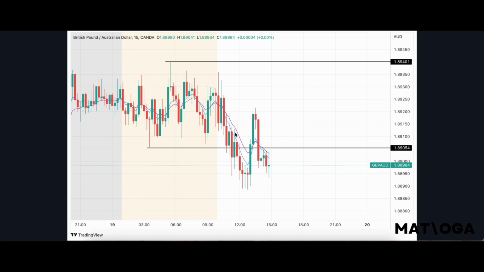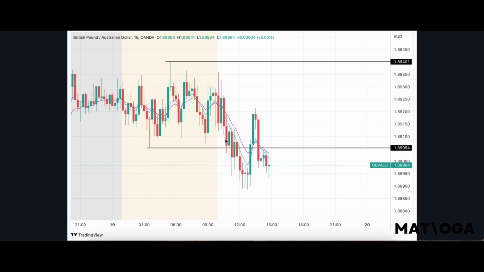It creates an extremely difficult environment to trade. And even though right here we had a short signal, right here we got a long signal, it's a mixed signal chart. I wouldn't take this short or this long simply because of how messy the chart is. Sometimes it's better to avoid the position rather than take it as a robot.